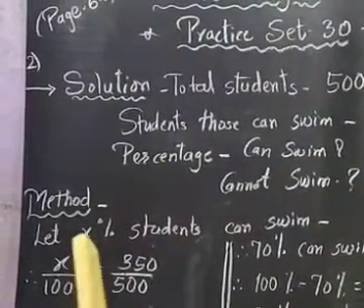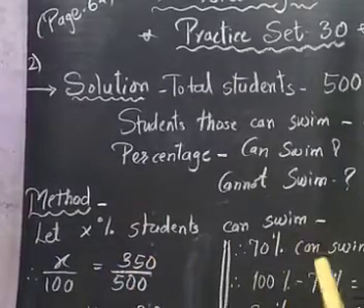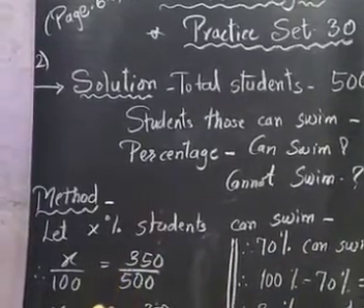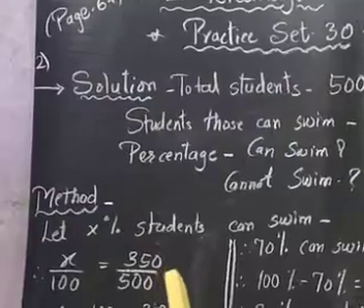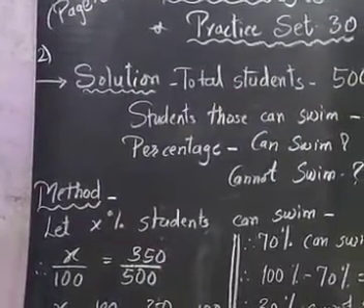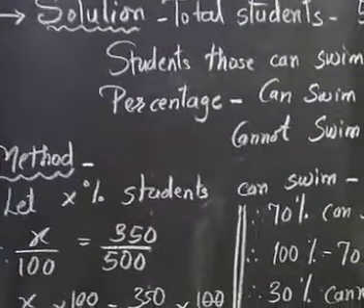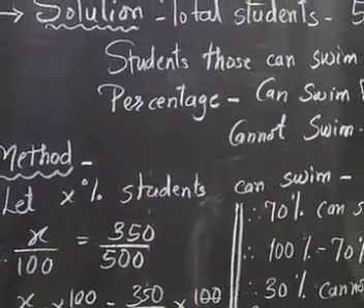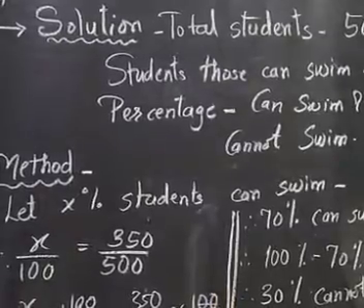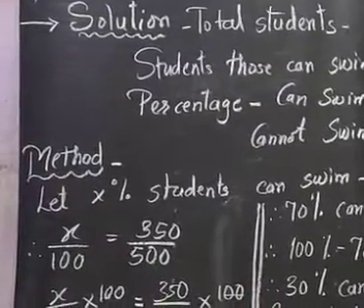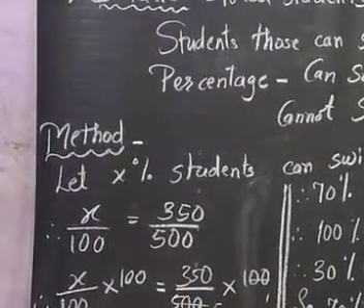Let us suppose that X percent of students can swim. So our step will be X upon 100 is equal to 350 upon 500. Again multiply both the sides by 100. So X upon 100 into 100 and 350 upon 500 into 100. 100 ones are 100 fives are, and if we divide 350 by 5, we get here 70%.